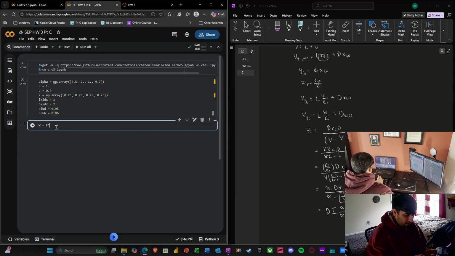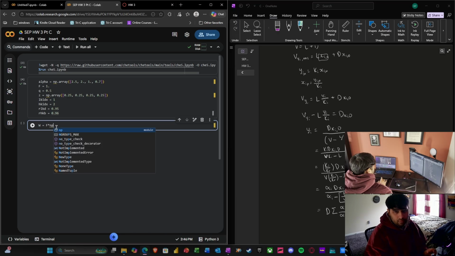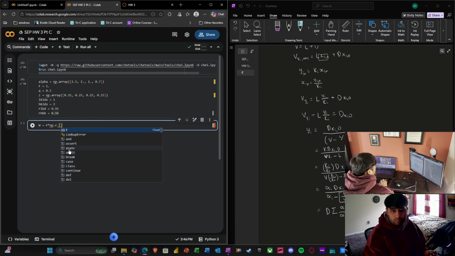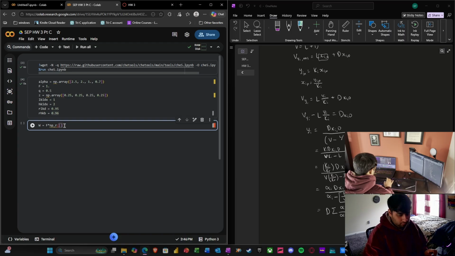So F times np dot r underscore, where is it? We're going to have our Z component of our light key.